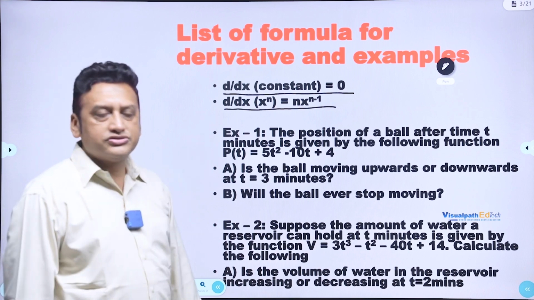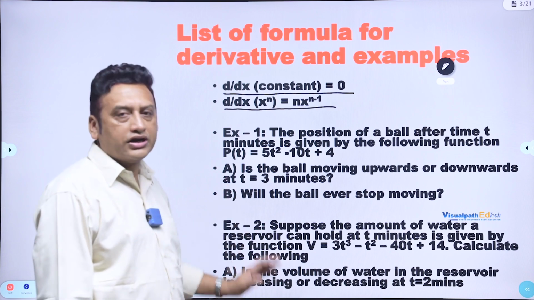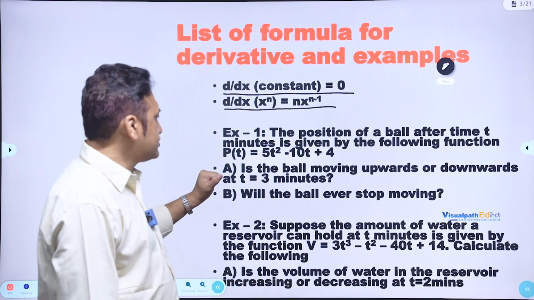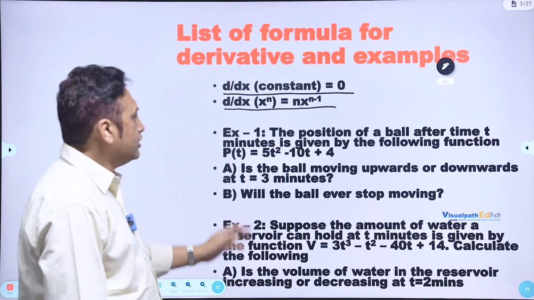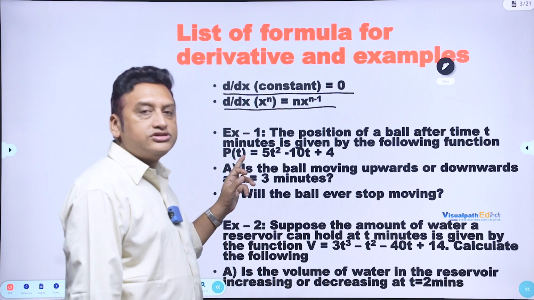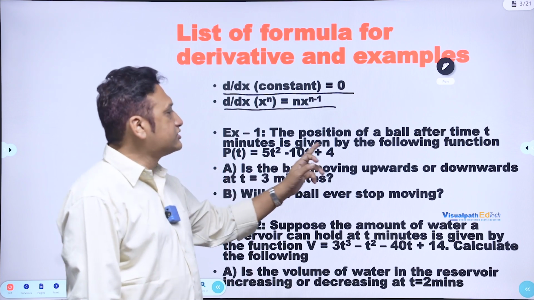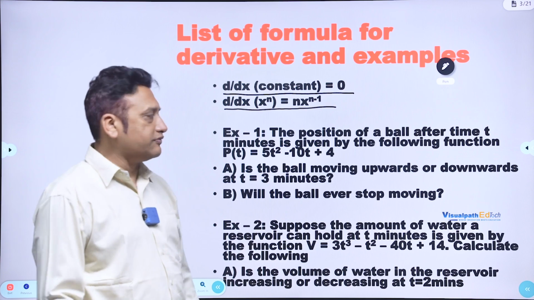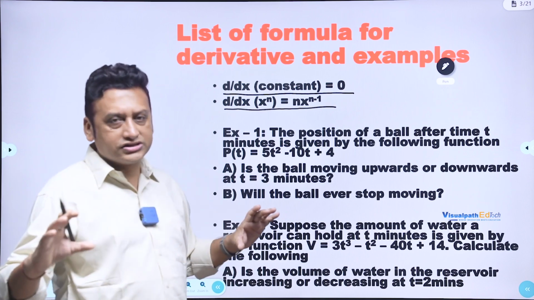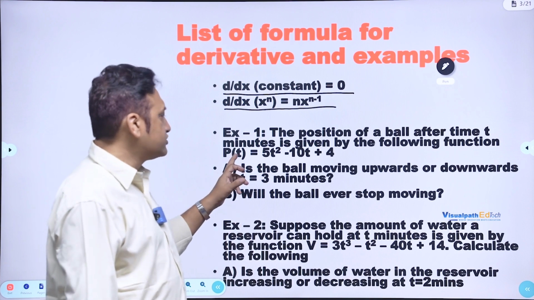There are some examples which I have given so that you can understand it. Let's find out the first example. What does it say? The position of a ball after time t minutes is given by the following function. So remember, the position of the object is given by a function. The function is a function of t.